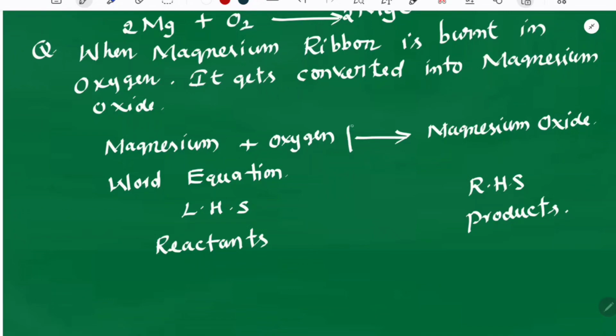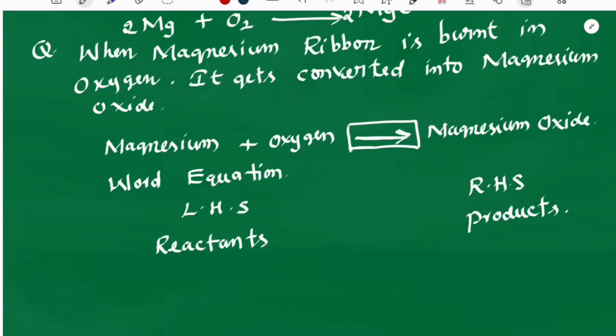In between, the arrow mark is present pointing towards the right hand side. This arrow indicates that a new product is formed, so some chemical reaction takes place. Magnesium and oxygen are converting to magnesium oxide.